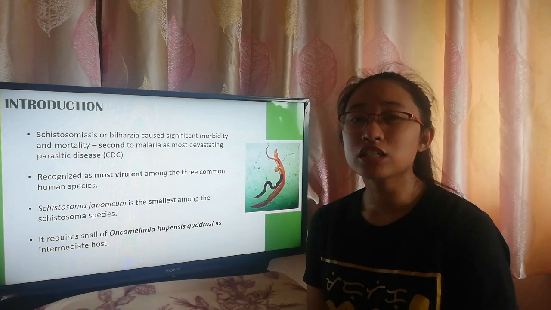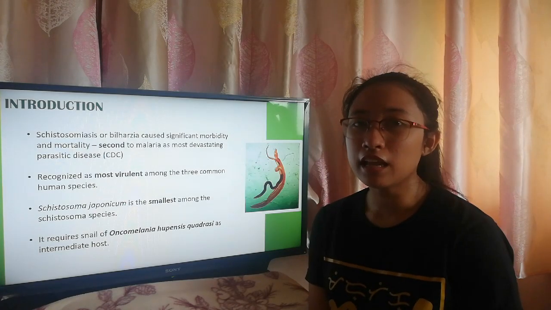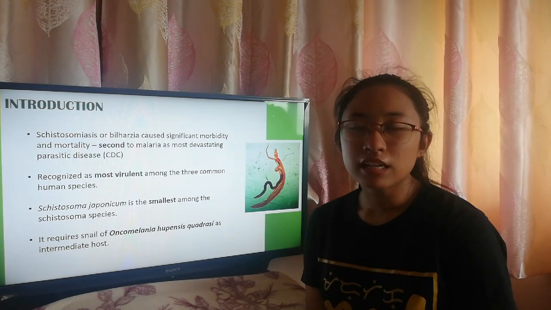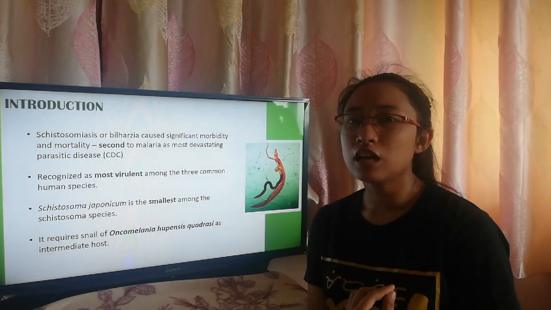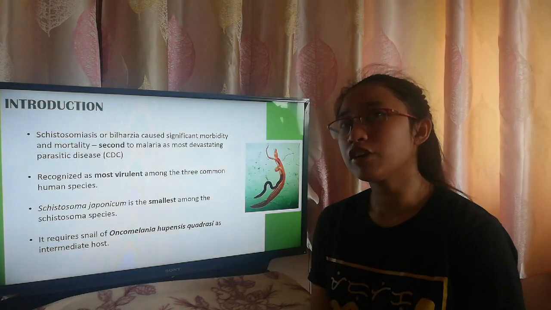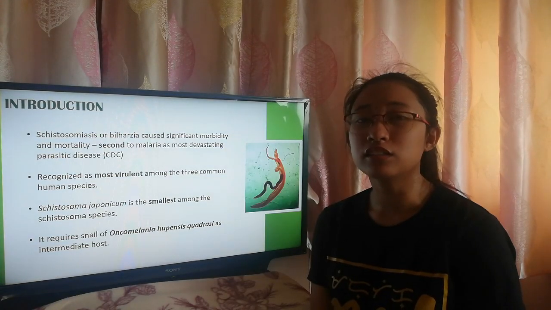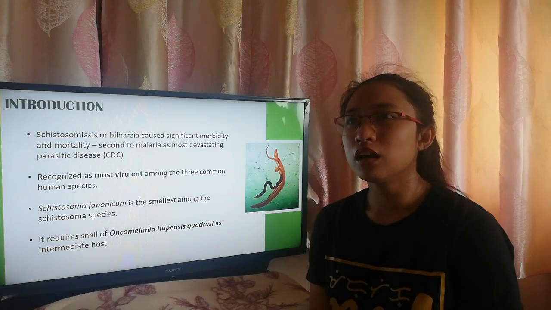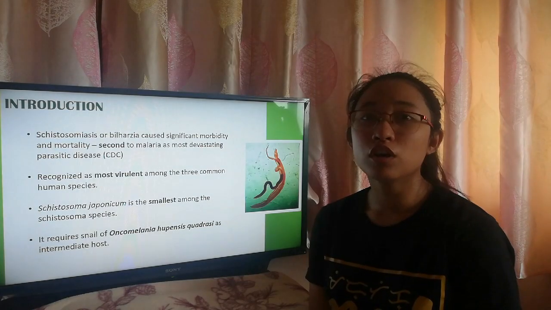Because this parasite lays 2,000 eggs per day, but in some articles, the maximum it can release is 3,000 eggs per day. Unlike the other two Schistosoma species, the average number of eggs they release per day is limited to 300. Also, Schistosoma japonicum is zoonotic in nature.